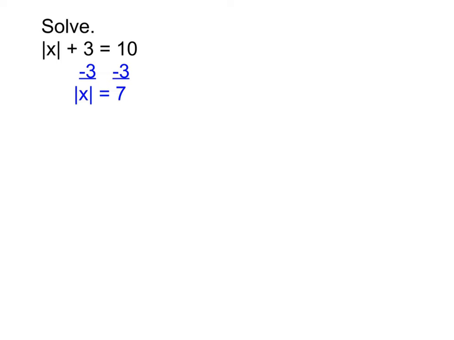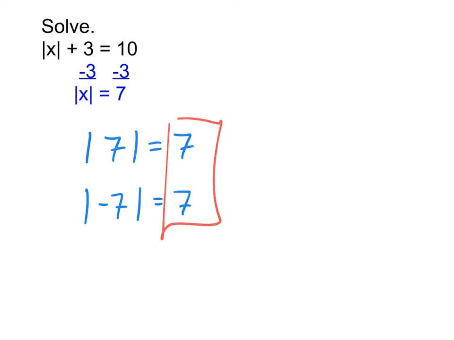Now let's logic out. What could our solutions be? The absolute value of what equals 7? 7. I heard 7. Yeah, because the absolute value of 7 is 7. But the absolute value of what else also equals 7? Negative 7. And so, again, you'll notice that we should be able to get two possible solutions out of this, because there's two different numbers that if I take the absolute value of them, I get the same thing that I'm after.